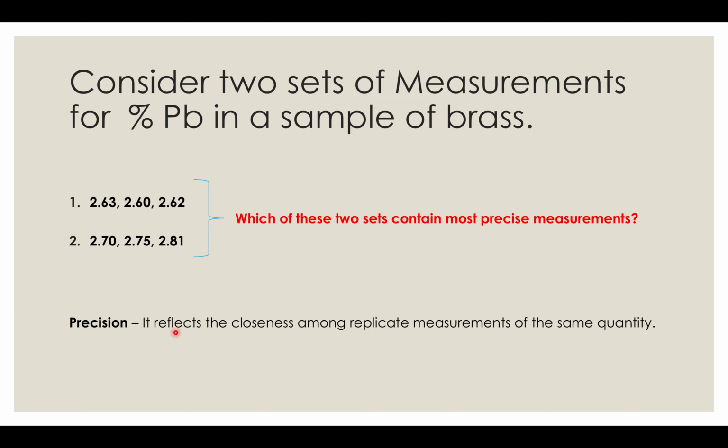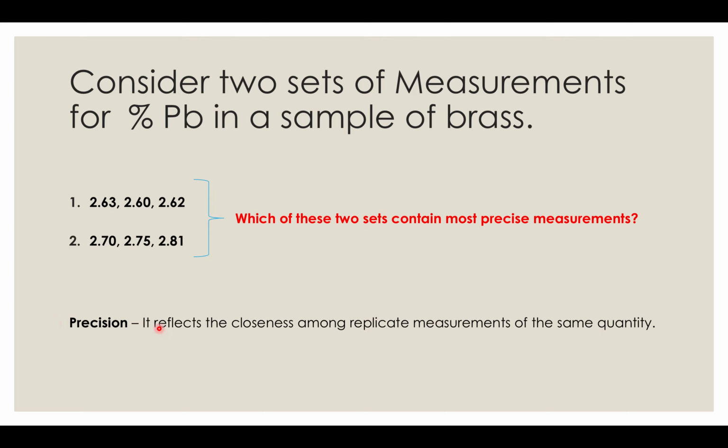Precision reflects the closeness among the replicate measurements of the same quantity. That means if you measure a quantity a number of times, and every time you find that the values are close to each other, we say that that measurement has good precision.